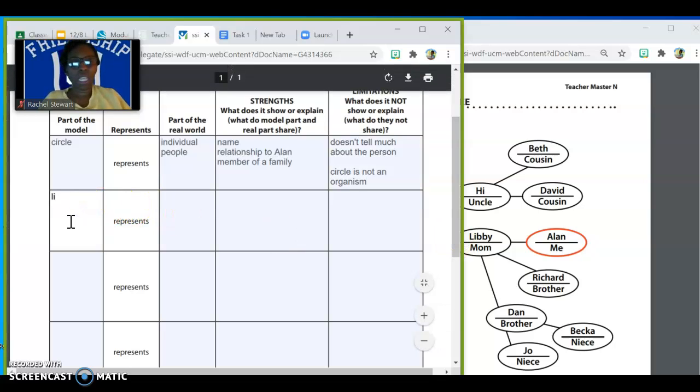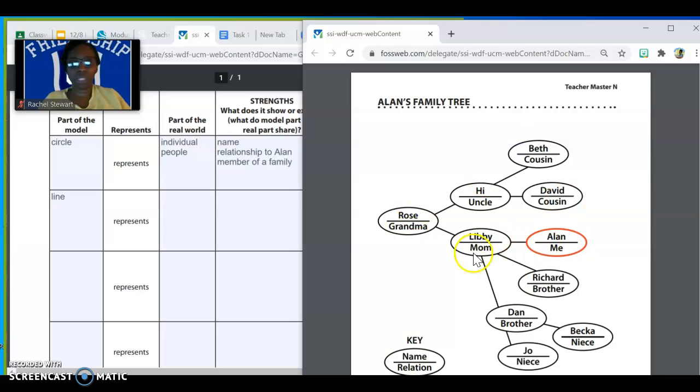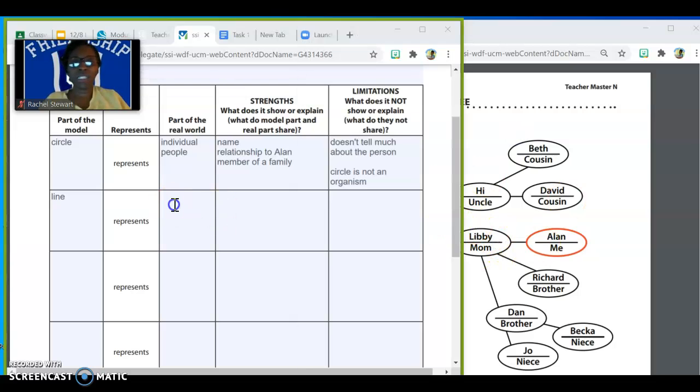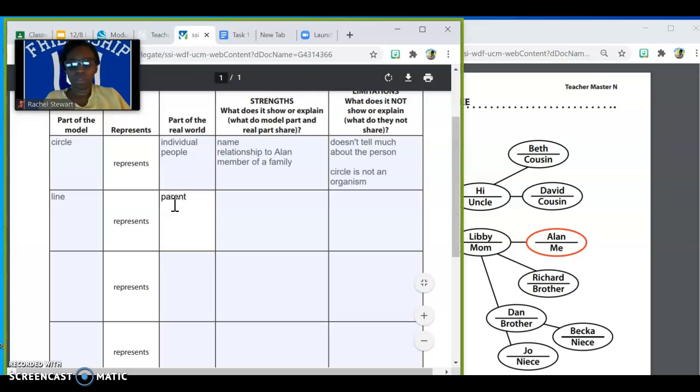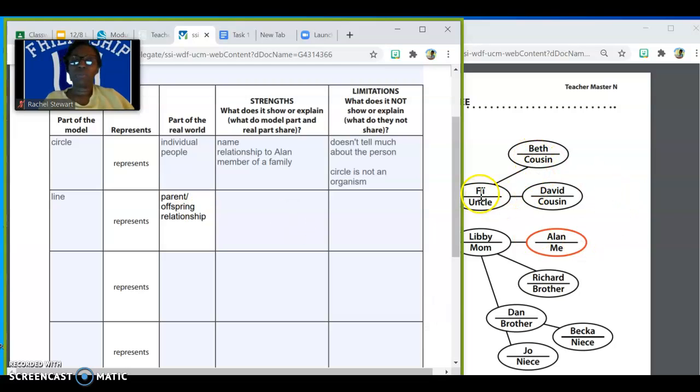What do the lines in the family tree represent? Well, the lines represent the parent and or the offspring relationship. Okay, so we know that Beth is a cousin, Hy is the uncle.